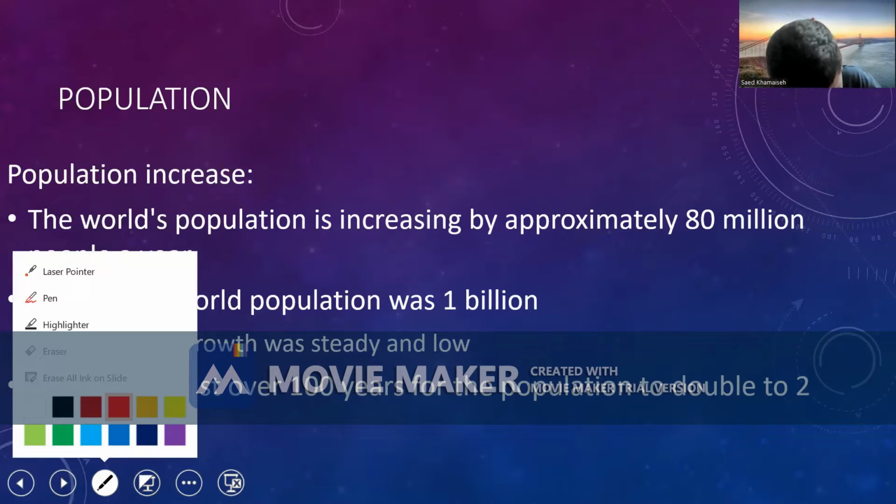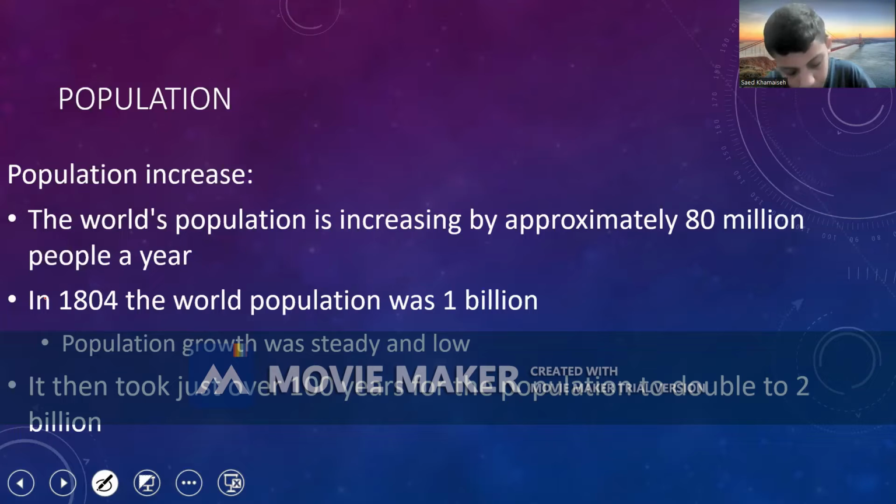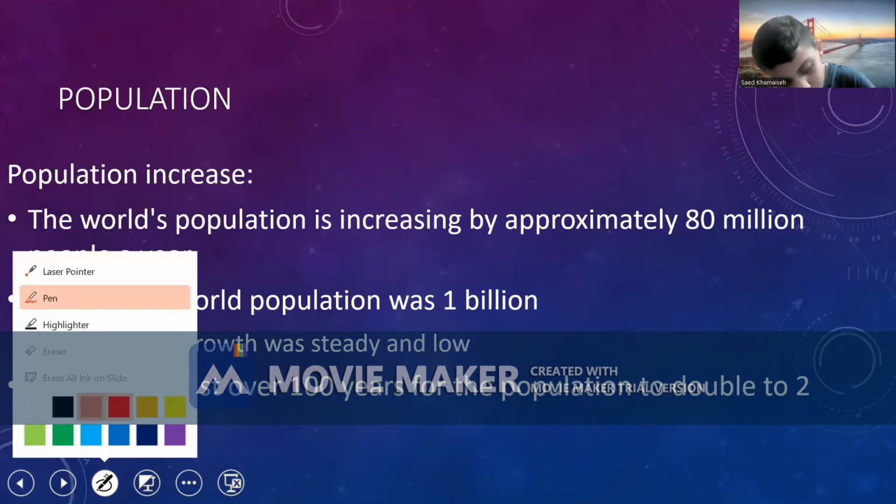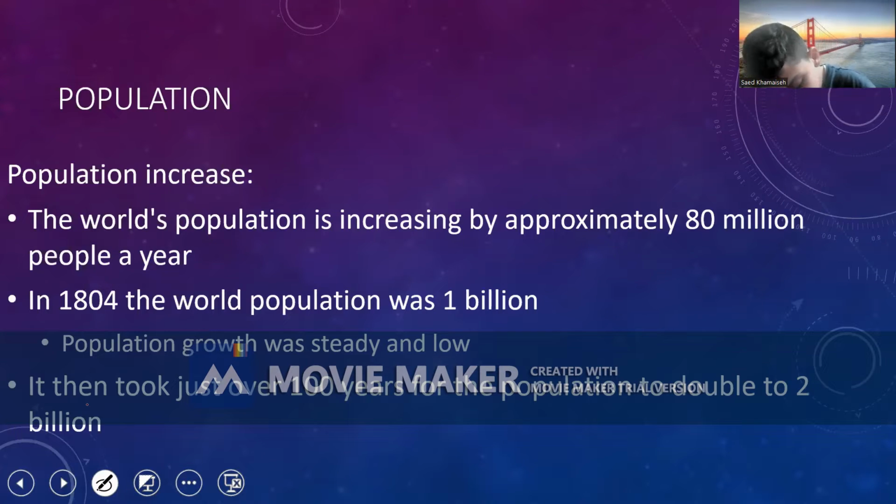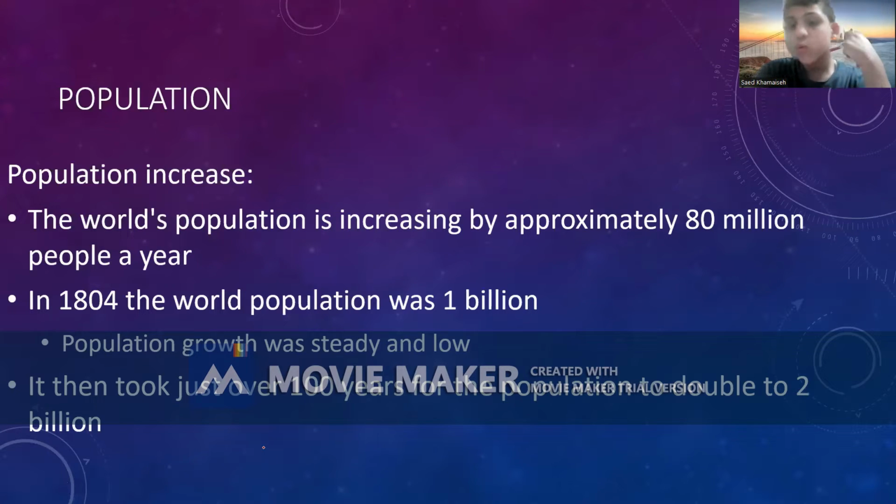Here we need to highlight some things with the pen. Today, as I said, we talk about population settlement with population dynamics, the first part of the lesson, the population.